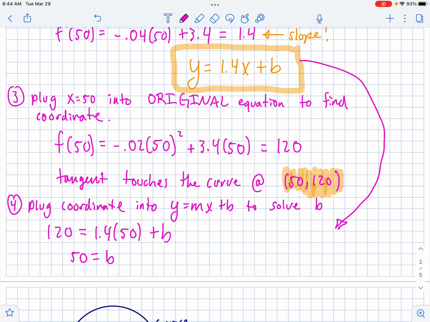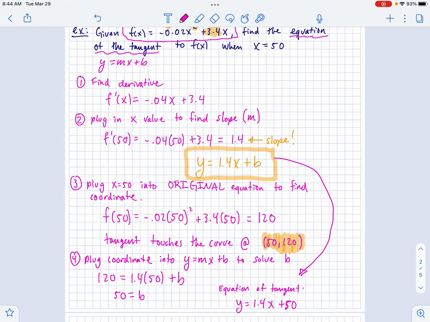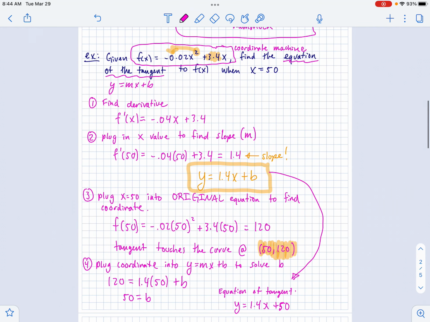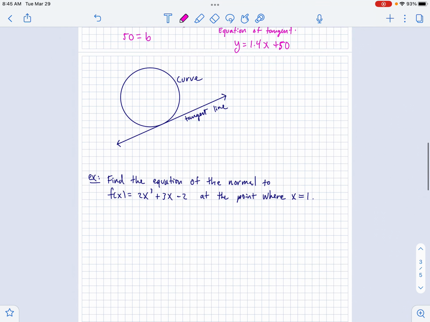And when you solve for b, you get 50. So final answer, equation of the tangent: y equals slope, which we found from the slope machine, plus the y-intercept, which we found by plugging in the coordinate that it touches. Here's the entire problem, so you can see it all.